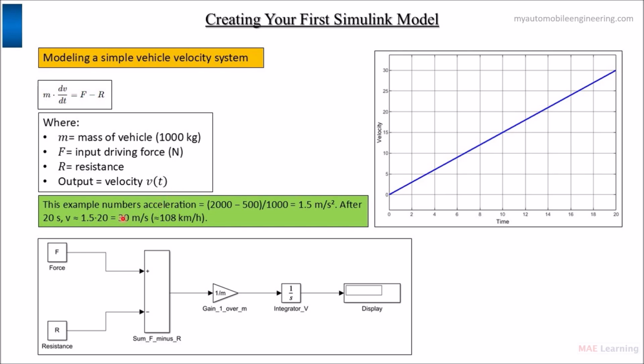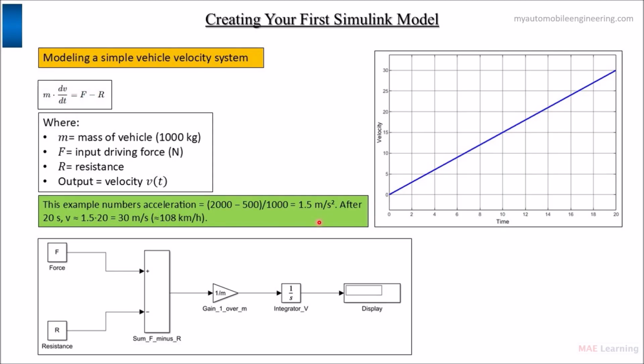So let us use simple values to make it easy. Suppose the engine force F equals 2000 newtons and the resistance is 500 newtons. The mass equals 1000 kg. So the acceleration is (2000 - 500) divided by 1000, which equals 1.5 meters per second squared.